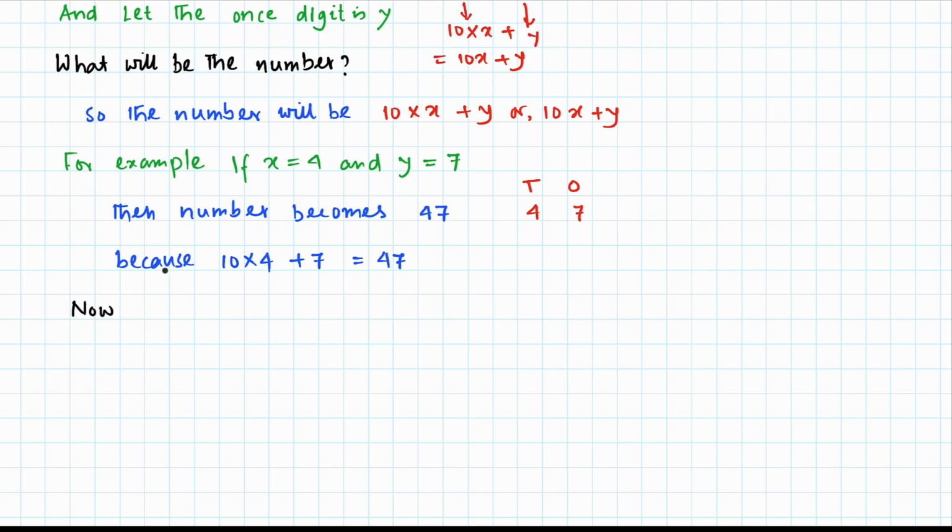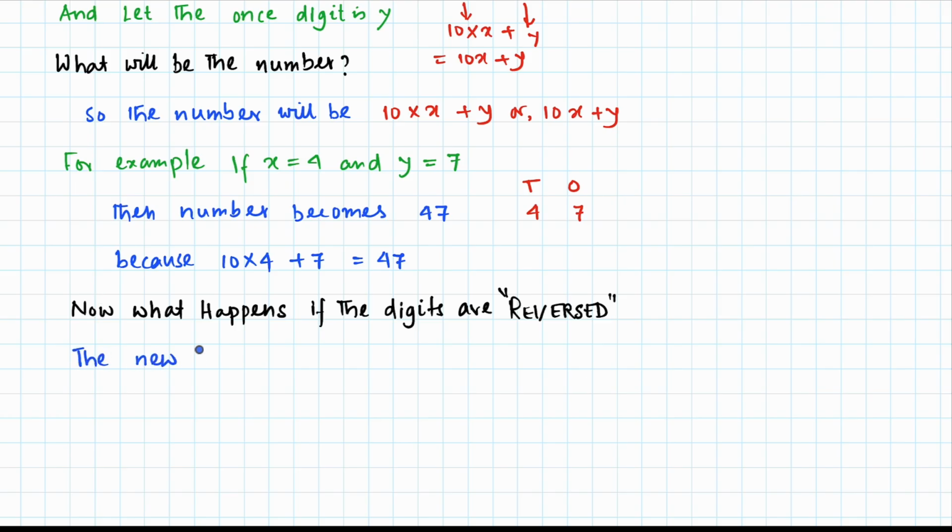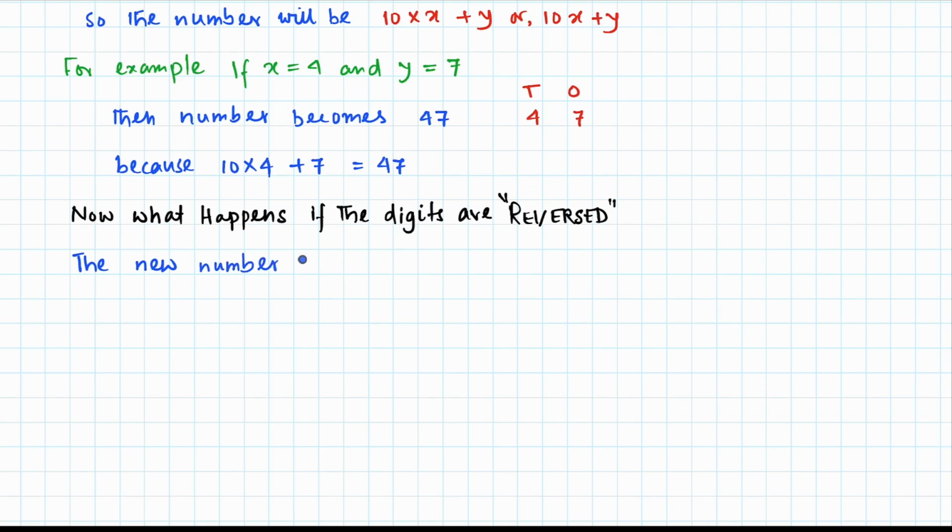So simple. Now what happens if the digits are reversed? This is also an important thing that we have to consider. If we just interchange the digits, that is, the digit from the ones place we move to the tens place, and the digit from the tens place we move to the ones place, the new number becomes 10 times y plus x, because we are interchanging the positions of x and y.